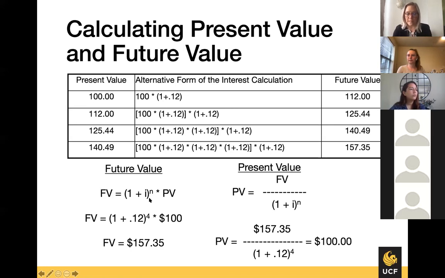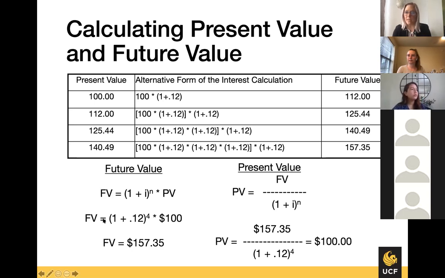And so what I mean by that is the annual interest rate, or the I in this formula, absolutely must be divided by the number of compounding periods per year, so that what you're really putting into the equation is the interest rate per compounding period.